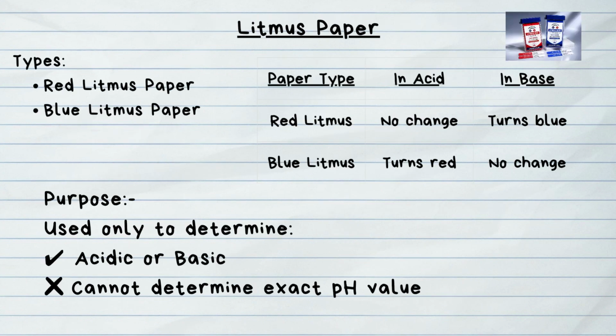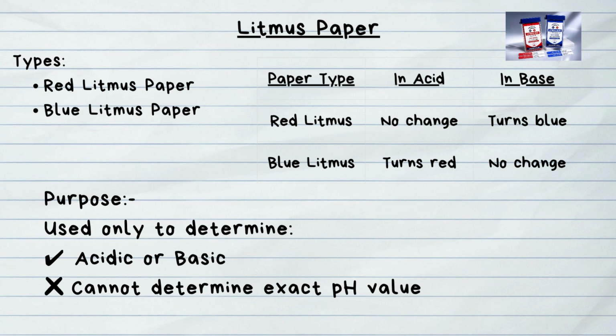Let's begin with the simplest one, litmus paper. There are two types of litmus paper, red litmus paper and blue litmus paper. But what happens when they touch different solutions? Let's see. If red litmus paper is placed in an acid, nothing changes. But if it is placed in a base, it turns blue.